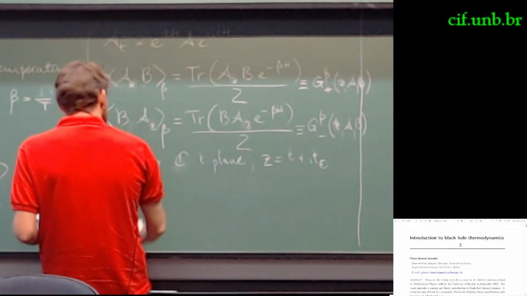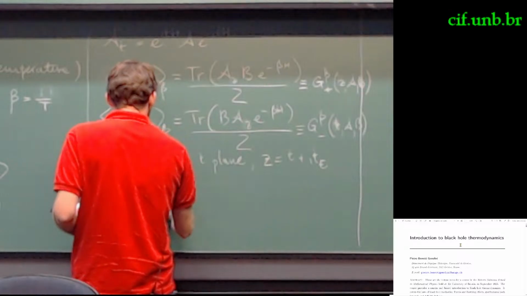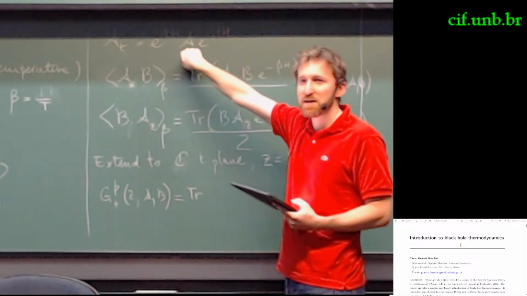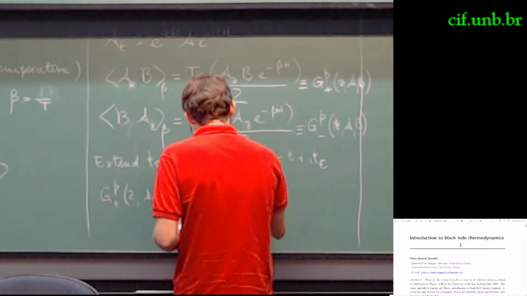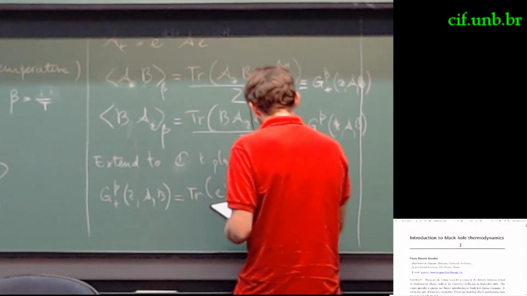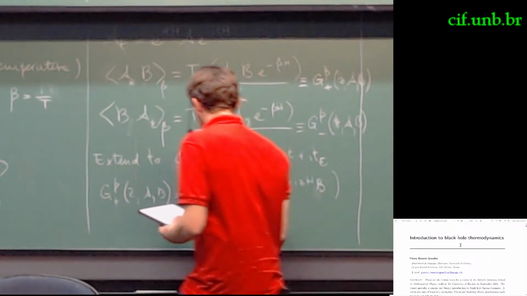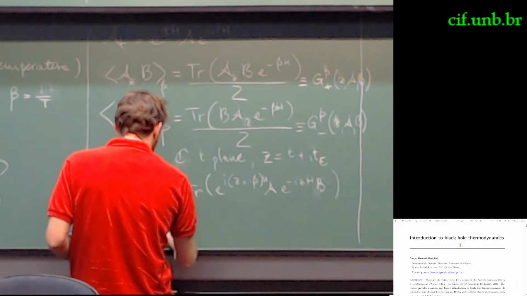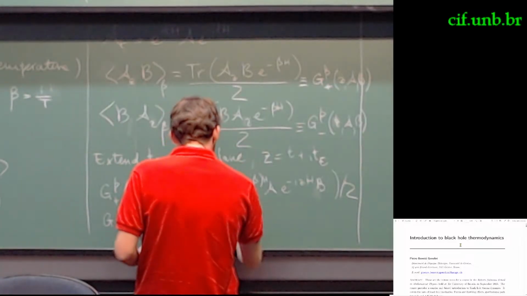So consider, for instance, G plus beta, z, A, B. Using cyclicity of the trace and their definition using the Heisenberg picture, this is Z to the minus 1 trace of e to the minus beta H, A, B. And similarly, it's B.